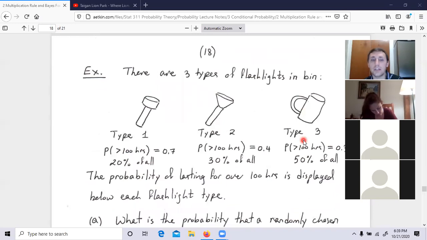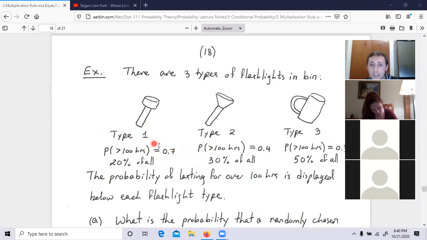So here is another question. There are 3 types of flashlights in a bin. There is a flashlight of type 1, flashlight of type 2, and flashlight of type 3. And we are given the probability that each lasts more than 100 hours. If you have a flood or electricity is off, what's the likelihood each of them will last more than 100 hours?